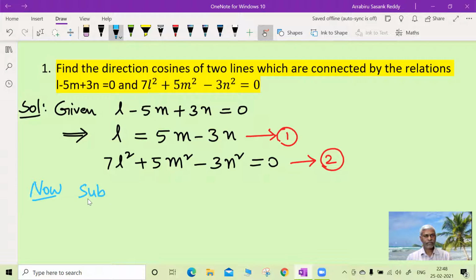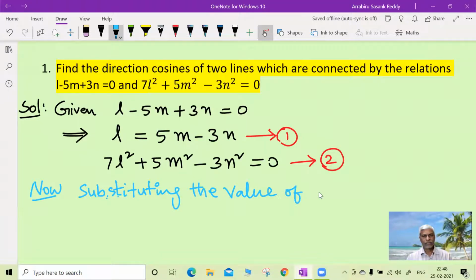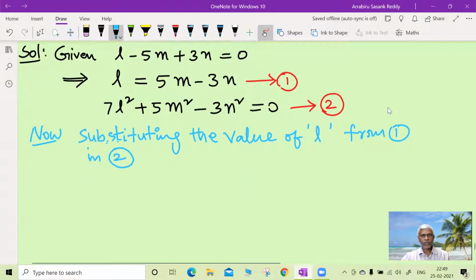Substituting the value of l from equation 1 in equation 2.